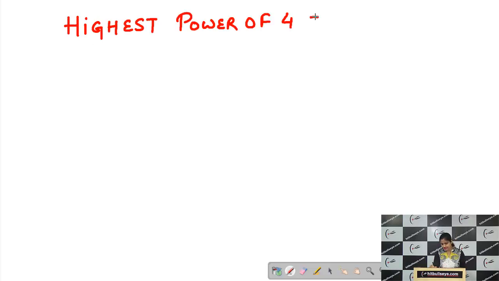So my question is, find the highest power of 4 in 100 factorial. Since 4 is a composite number, we cannot follow the same process. So what is the criteria to do this? Since 4 can be written as 2 square, I'll write the prime factorization of 4. So we will find the power of 2 in 100 factorial that we have calculated.